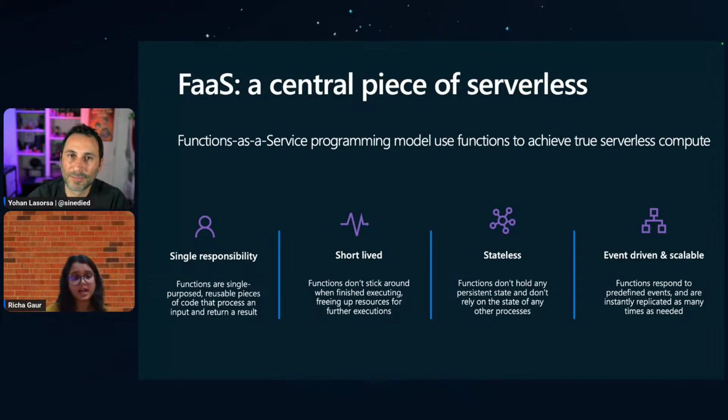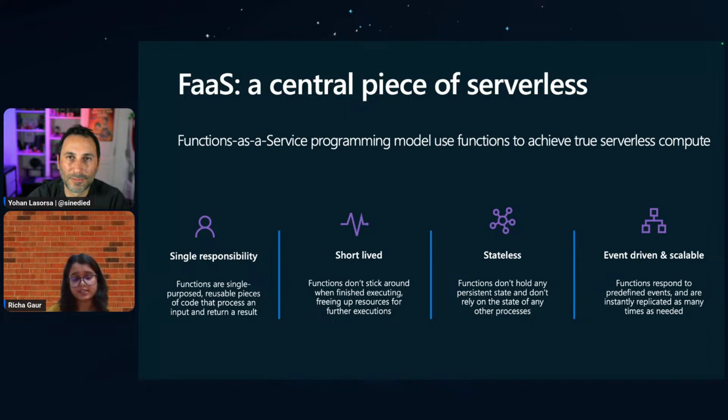So each function has a single responsibility. It does one thing very well. It is short-lived. It starts, it executes, and it exits. It doesn't stay idle. And it is stateless. There is no memory of the past, so you have to write code for a stateless application. And finally, it is event-driven.